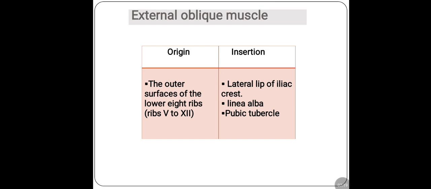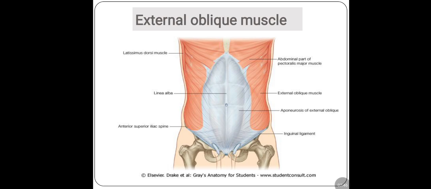The external oblique muscle originates from the lower 8 ribs. We have 12 ribs, so the lower 8 ribs means from the 5th to 12th rib, and it is inserted into the iliac crest, linea alba, and pubic tubercle.